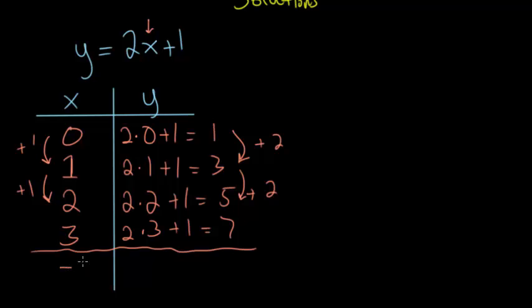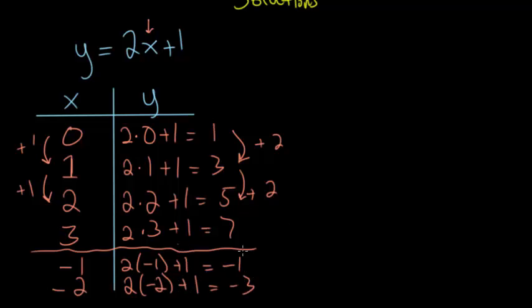And if we plug in negative 1, then we'd have 2 times minus 1 plus 1, and that gives us minus 1. So notice, from 0, we subtract 1 to get this, and from 1, we subtract 2 to get this. So the pattern does still continue. It's just if you go backwards, you subtract by 2. And just as one final example, you can put in minus 2, and we have 2 times minus 2 plus 1, so that's minus 4 plus 1, which is minus 3.